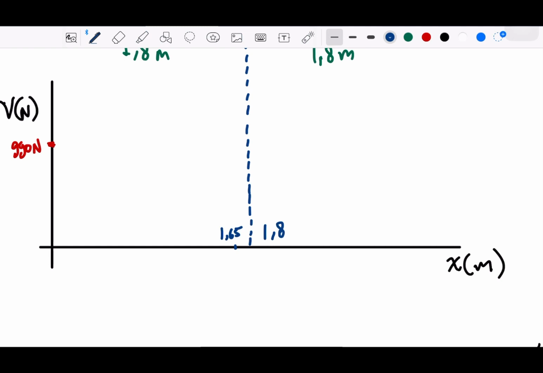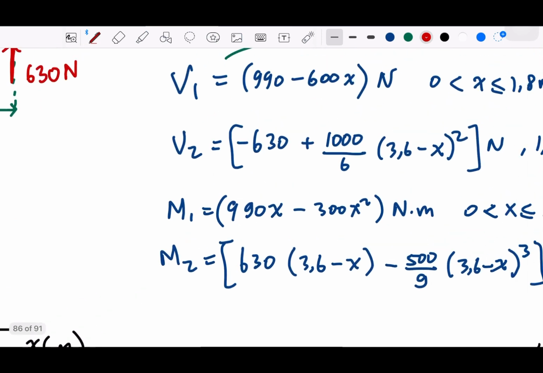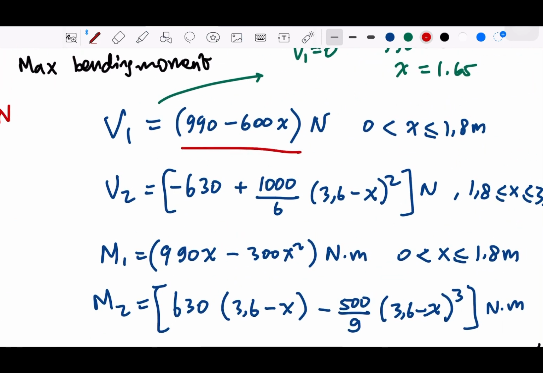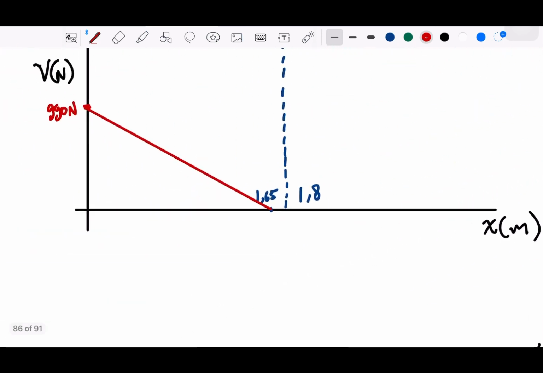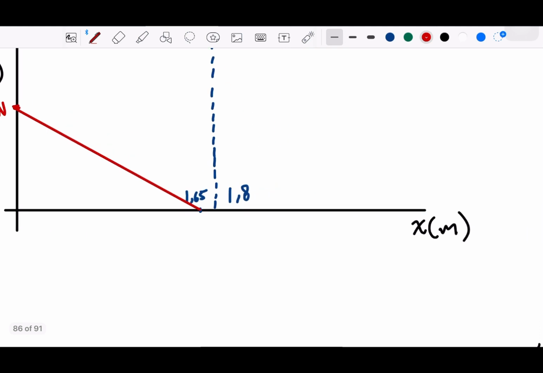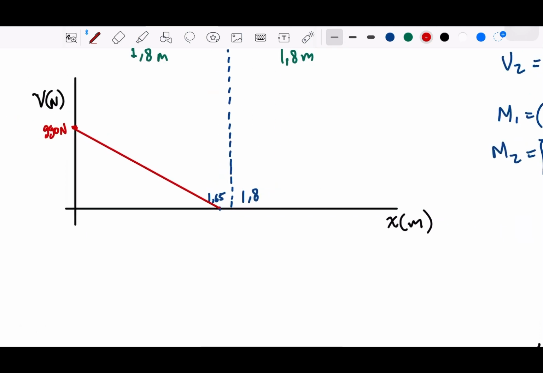Okay, so this one here is going to be linearly going down like that, coming from this linear equation. And then suppose that we are going to have the 630 Newton.